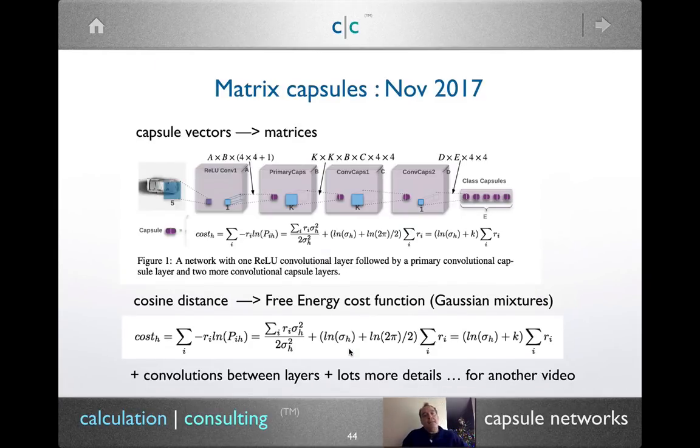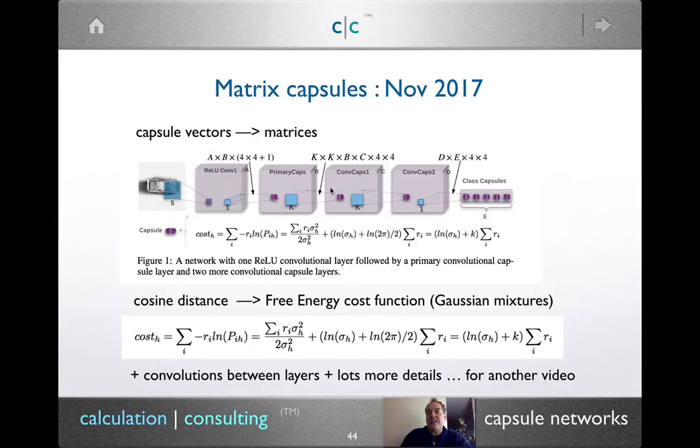Now, finally, I want to talk about this matrix capsule paper because this thing is a lot more sophisticated. I'm not going to go through it in detail today, but maybe in another video or a blog post, I'll go through it. The idea is that the first paper, the vector capsule paper, is not bad, but it's not great. So instead, what we do is we replace the capsule vectors with matrices.